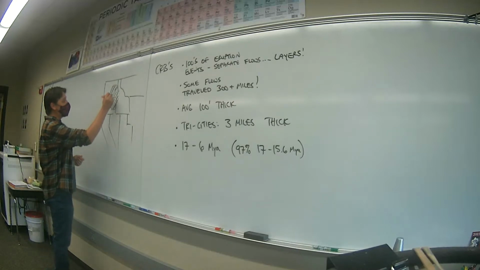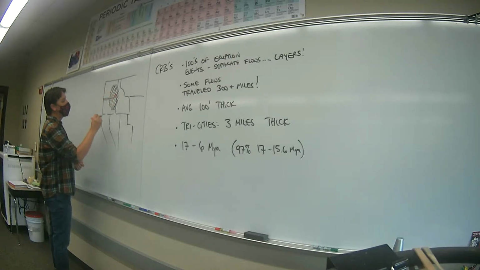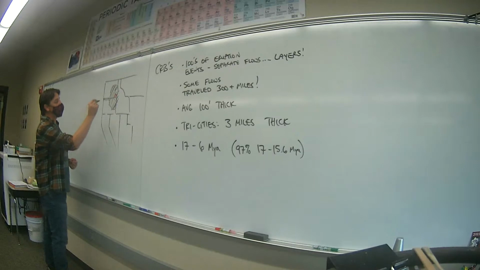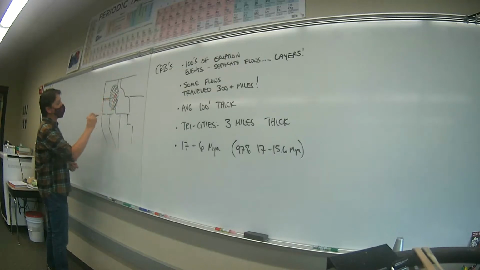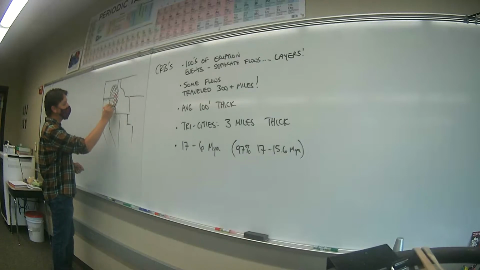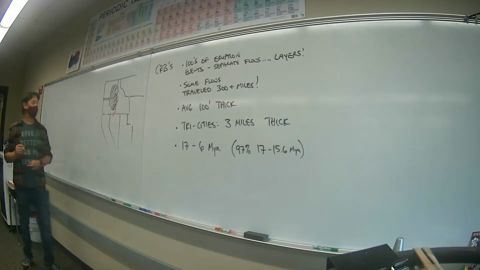We have cracks in the ground in southwest Washington. Should have put them at a different angle, but cracks in the ground in southwest Washington. We have cracks in the ground in eastern Oregon, all the way down through eastern Oregon, and even in the very northern part of Nevada.